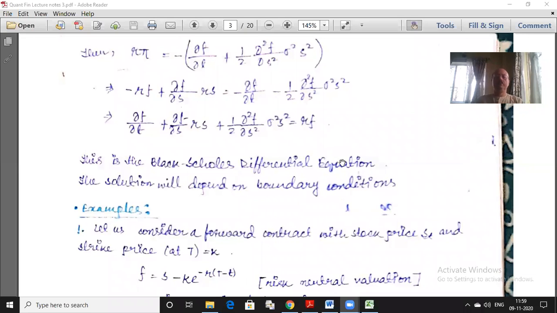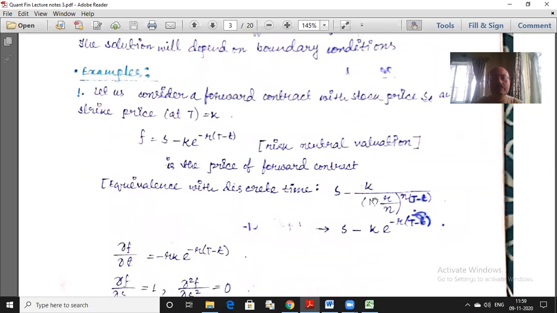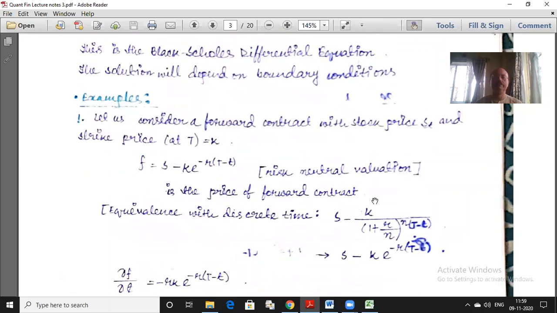So I want to discuss a few simple examples because simple examples are easy to show, and difficult exercises you can do yourself later on once you know how to work with this. So the easiest example that I am going to talk about is first a forward contract.